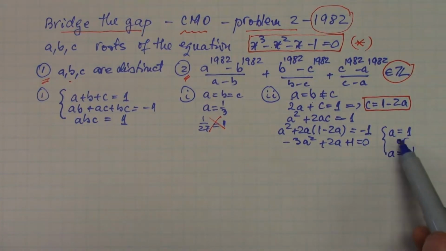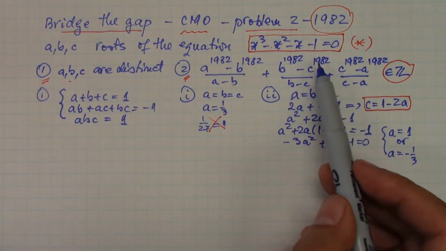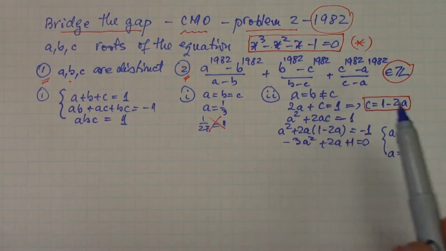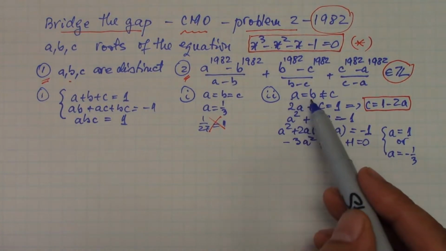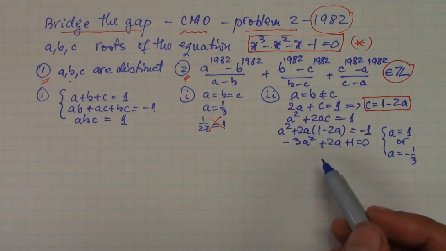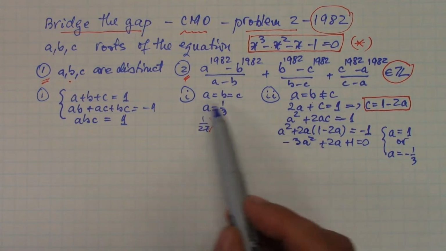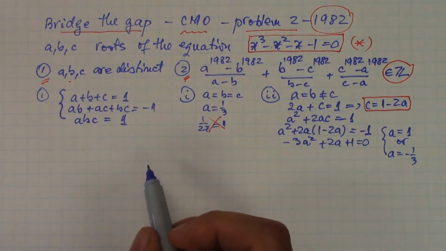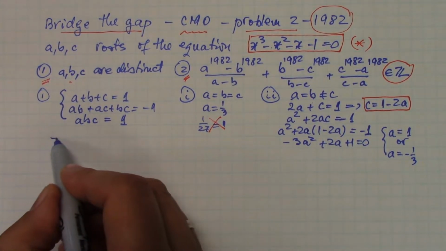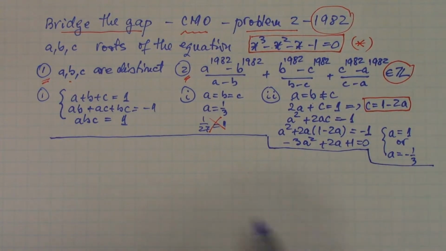But if we take a equals 1 and plug it into our equation, we clearly see that that's not a root, neither is a equal to minus 1 over 3. So it's not possible that a is equal to b and different from c. The conclusion of these two discussions is that a is different from b is different from c. So the roots are different from each other. Very nice. Let's see how we can continue.